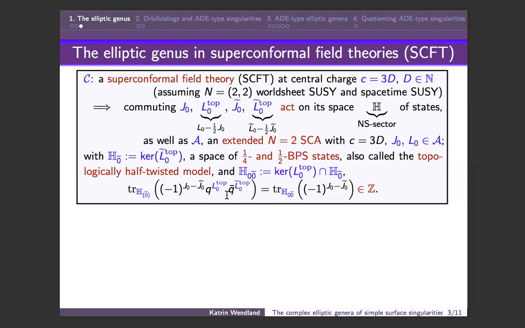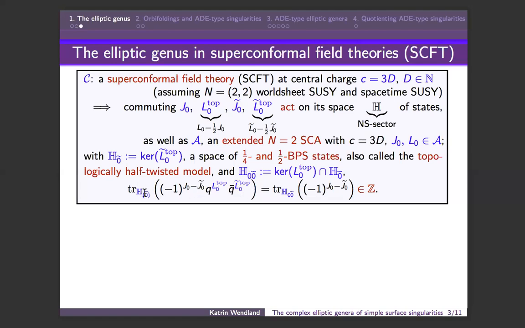All right, so I was trying to explain the cancellations that are going on here. Any eigenvector contributing with a non-zero eigenvalue of L0 tilde top here will have a contribution which cancels out in the calculation of the trace because of contributions from the superpartners. So actually the expression that I wrote here is not dependent on Q bar, and if you choose to take the full Neveu-Schwarz sector here, the only net contributions at the end of the day will come from the kernel of L0 tilde top.